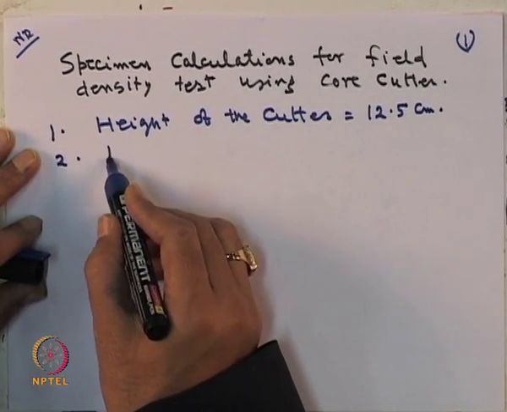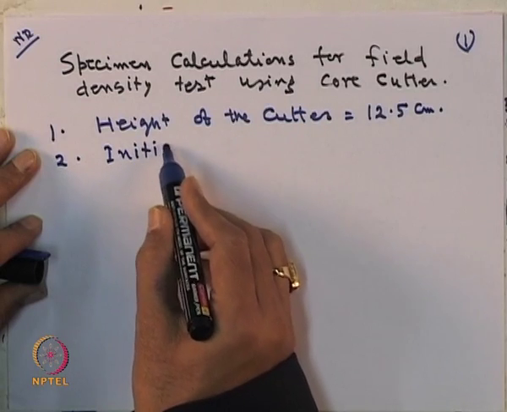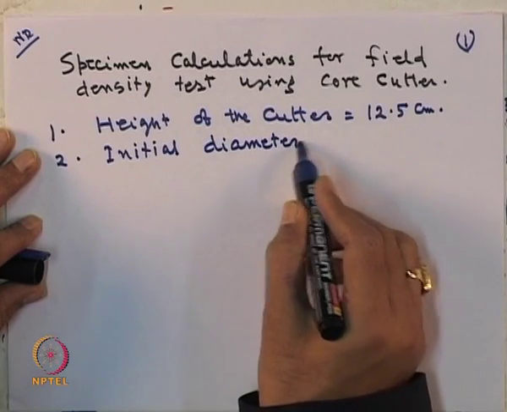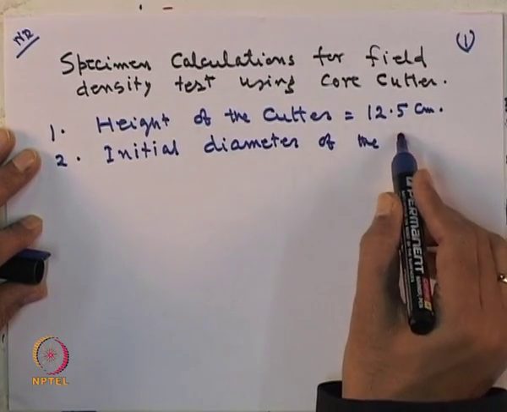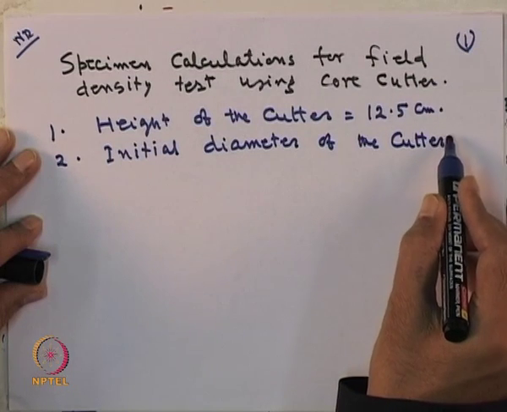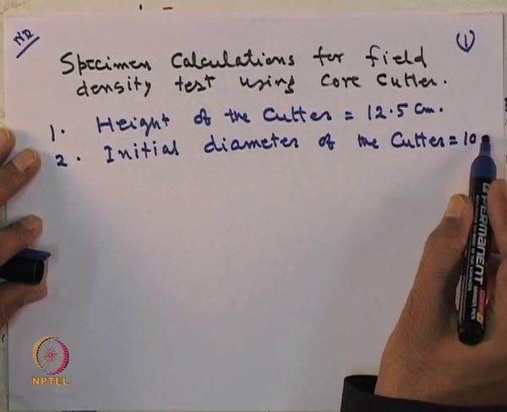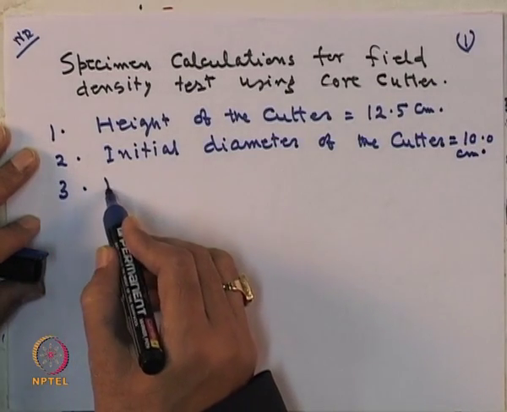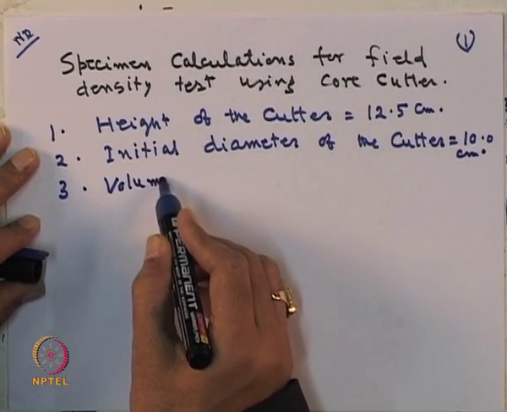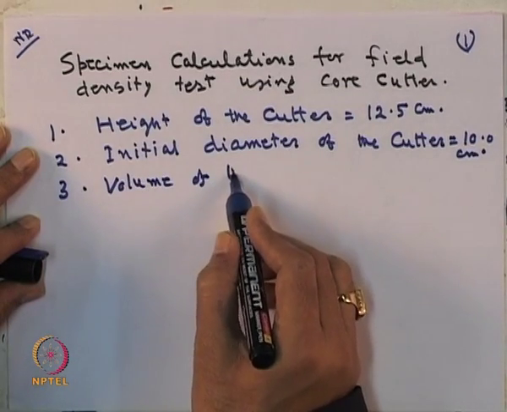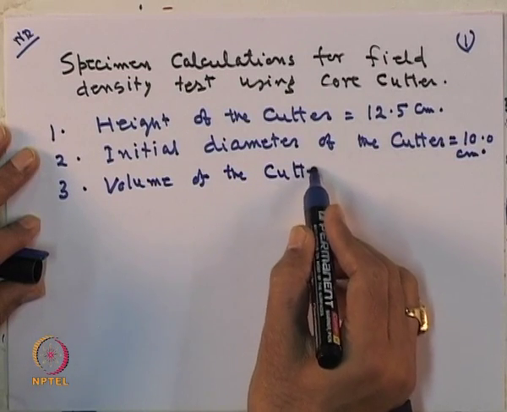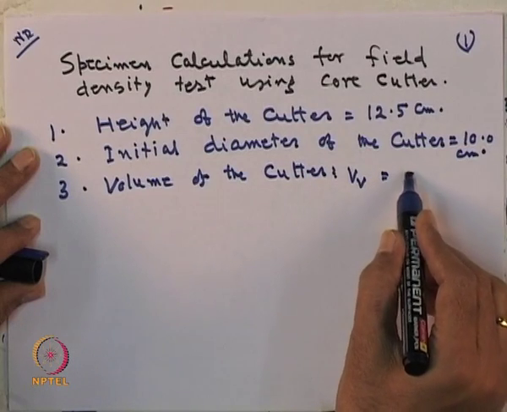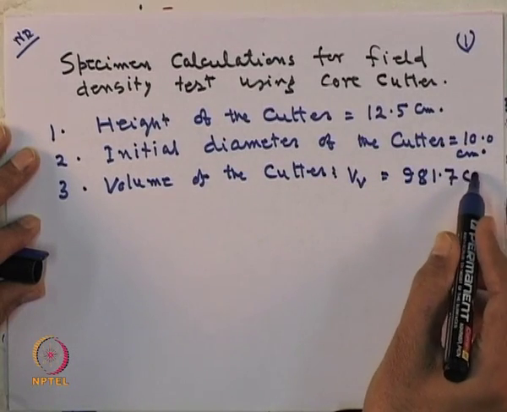Then the initial diameter of the cutter is 10.0 centimeter. Now, you know the volume of the cutter, and that is V is equal to 981.7 cc.